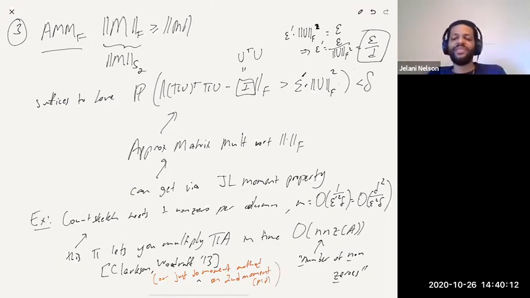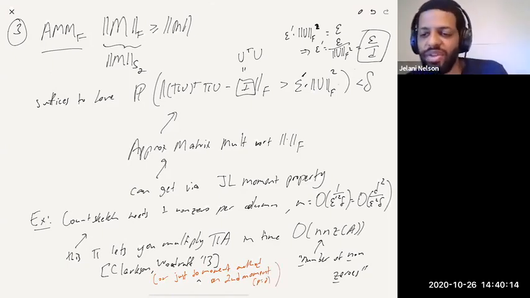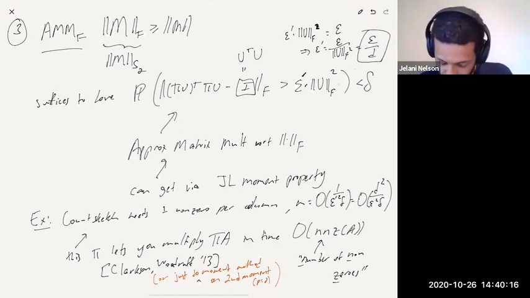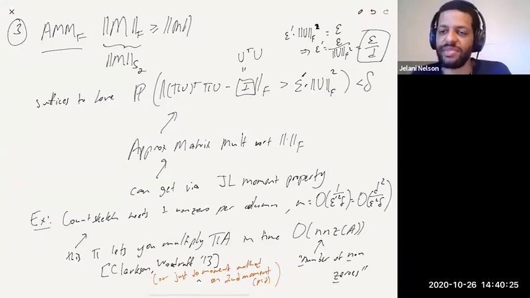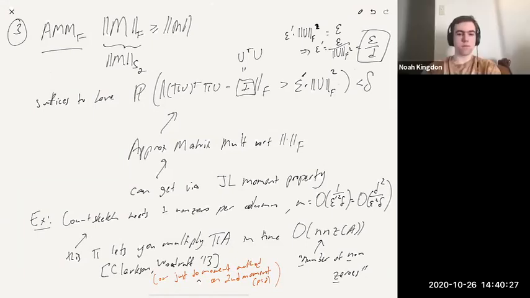Maybe I'll add that to the P set too. It's like a paragraph long proof. It's very simple. So this is saying we can use count sketch for doing oblivious subspace embeddings. And you get an ultra sparse subspace embedding.